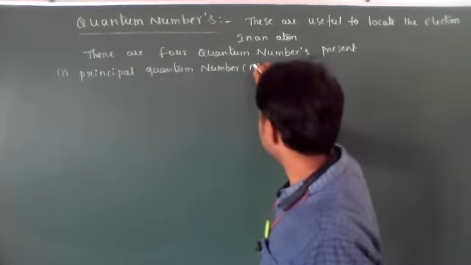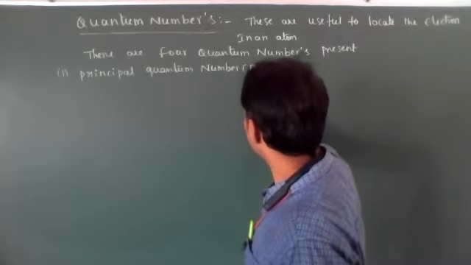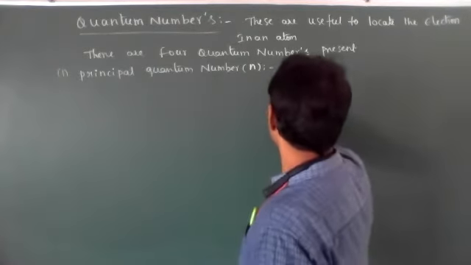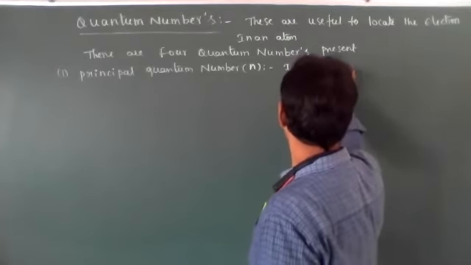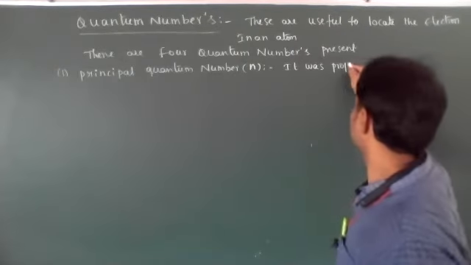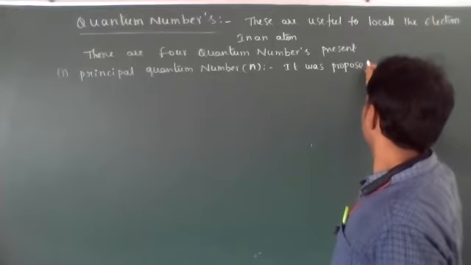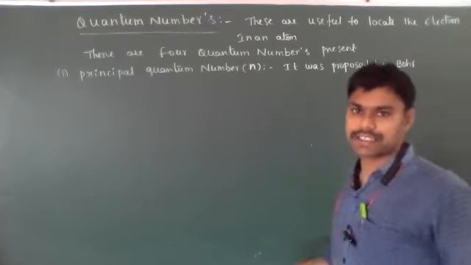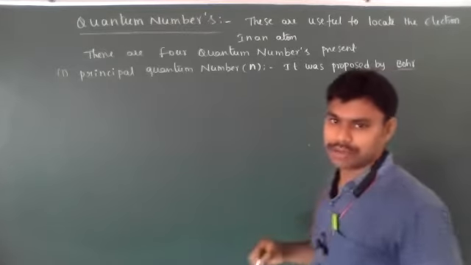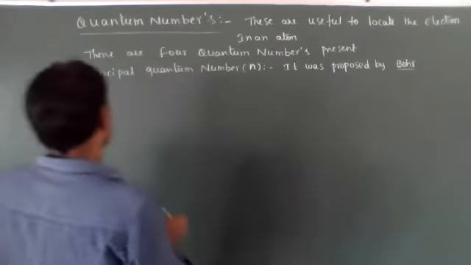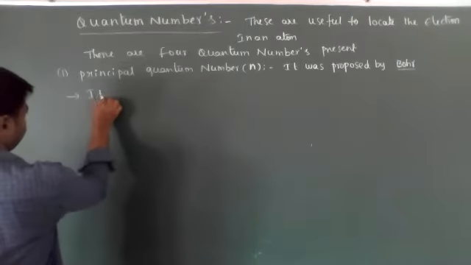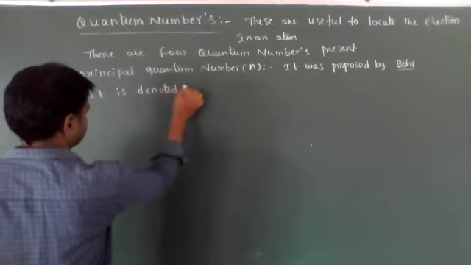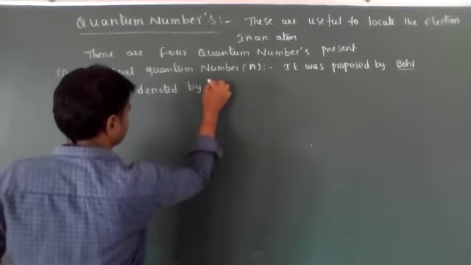The first one is the principal quantum number. It was proposed by Niels Bohr and is denoted by small n.